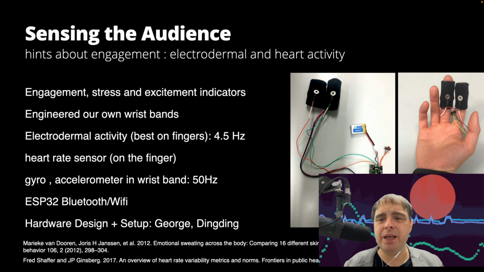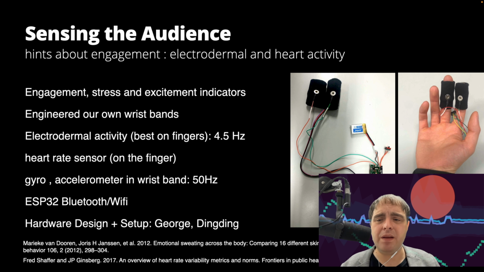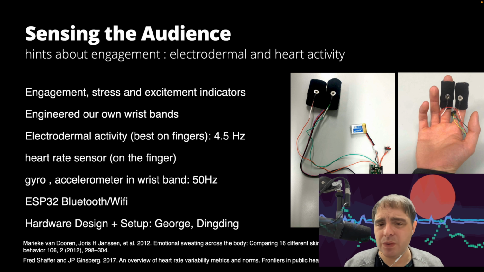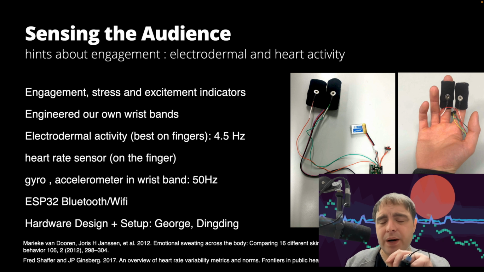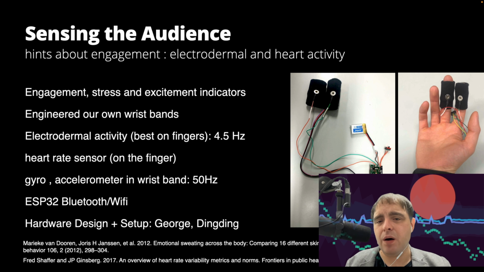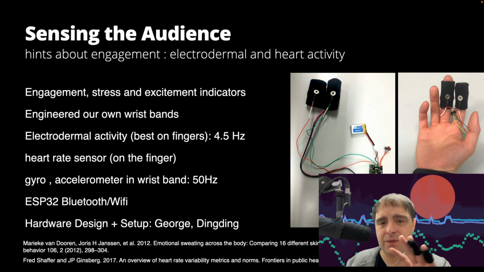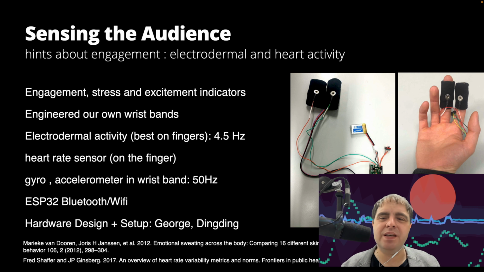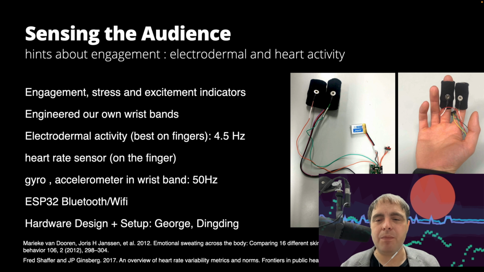And we engineered our own wristband with George and Ding Ding. We're working on the hardware design. It uses an ESP32 chip, quite a nice mobile chip that also has Bluetooth and Wi-Fi. So the data is streamed over Wi-Fi right now to anywhere we want. It has also some motion sensors in it that sample at 50 hertz.